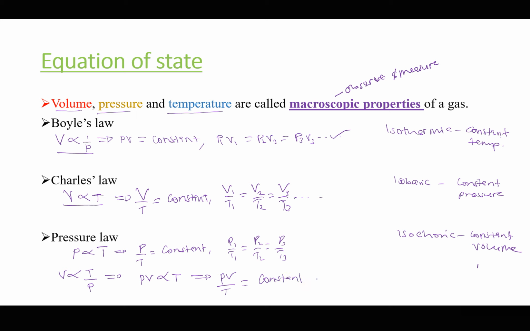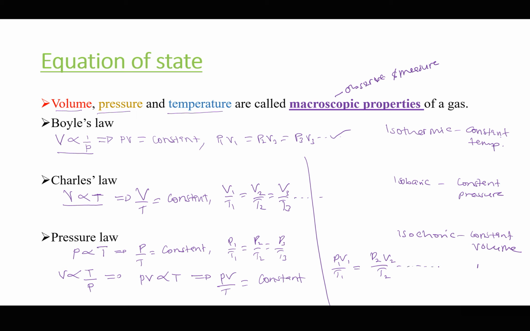If I remove the proportionality sign, this is for a fixed mass of a gas. PV over T should be equal to a constant. What does this imply further? If the gas is taken through several stages, it is simply implying that P1 V1 over T1 should be the same as P2 V2 over T2 and so on and so forth.